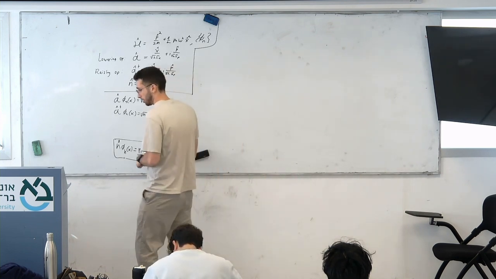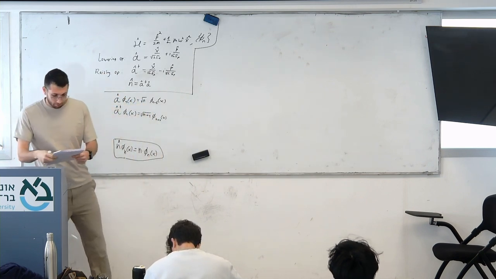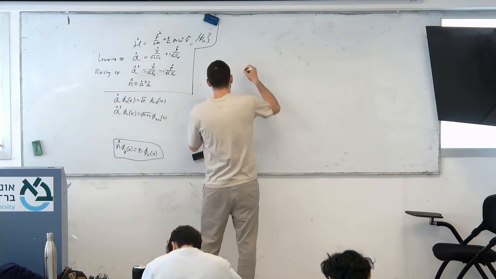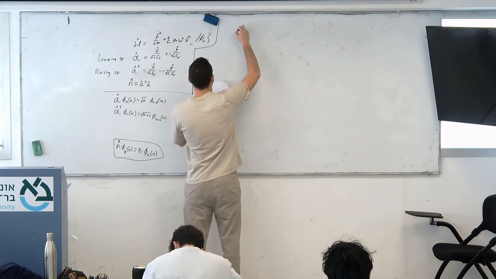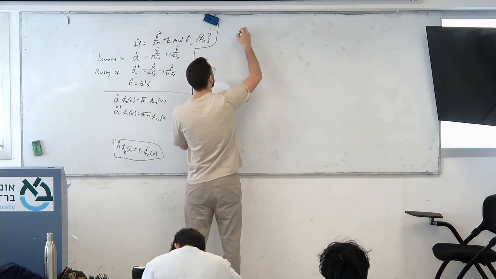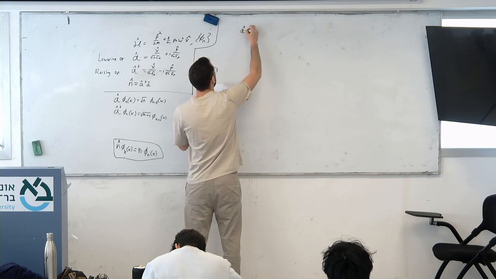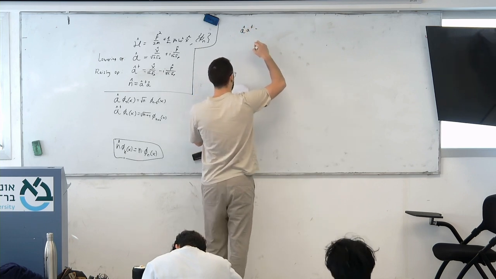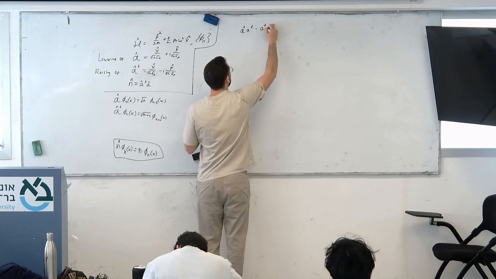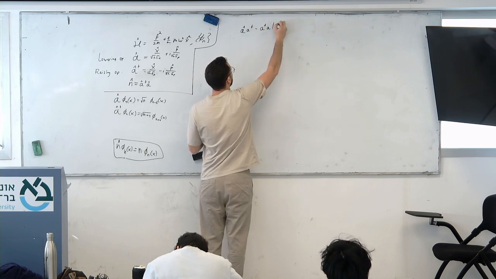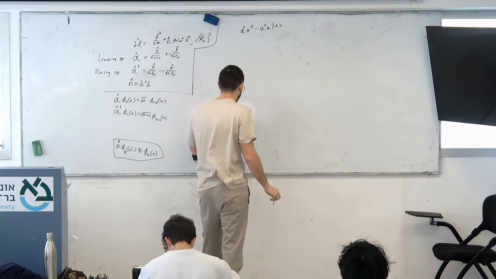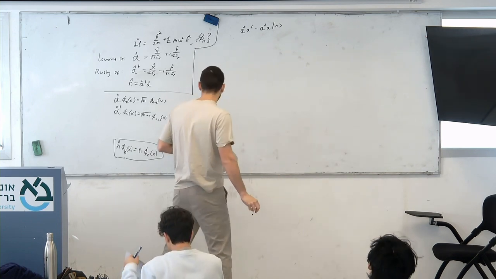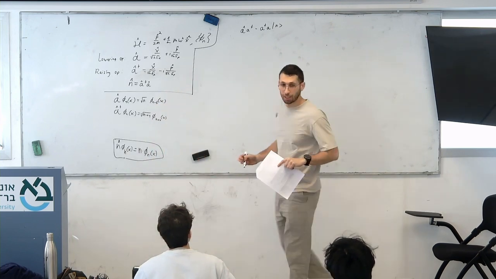Example. I want to compute some operator, which is a dagger minus a dagger a, on some state n and see what we get. Before that, I'm going to do a short recap of what you learned in the lecture.